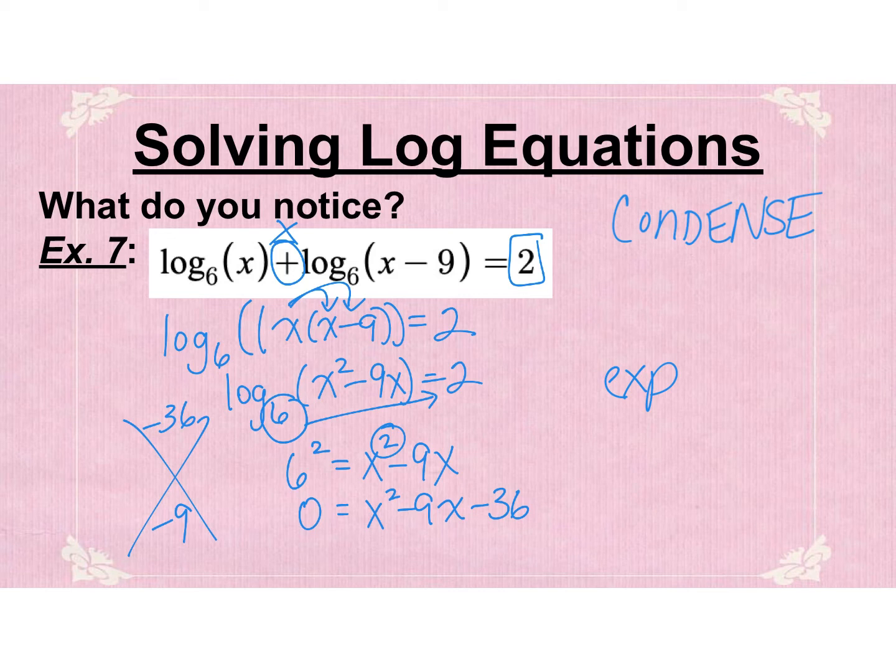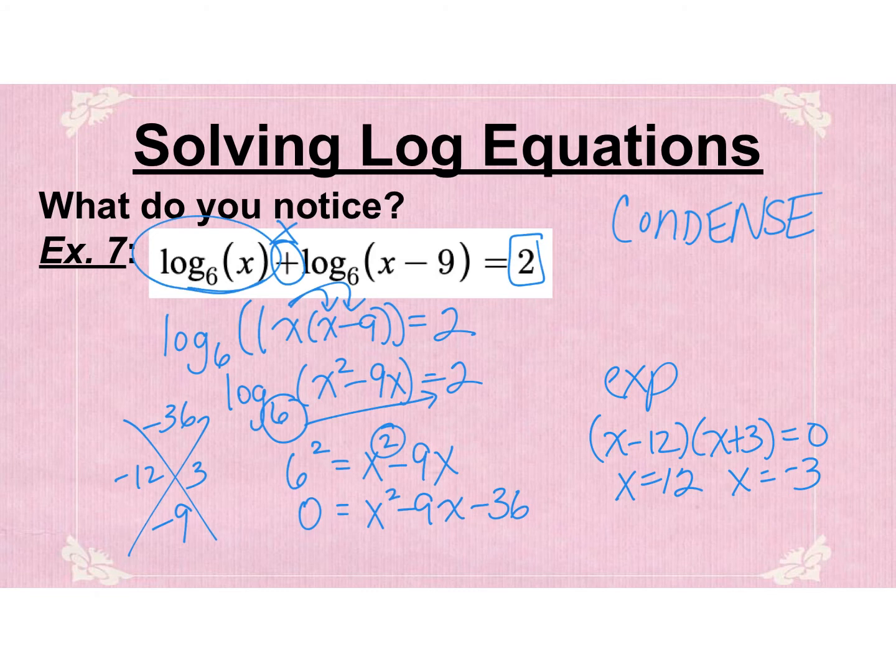And that's going to be negative 12 and positive 3. Because a is 1, I can go right to my parentheses. And we're going to set each to 0 and solve, so we get 12 and negative 3. With this first one, this is just log base 6 of x, so it cannot be negative. So we have to exclude negative 3, and our answer here is 12.